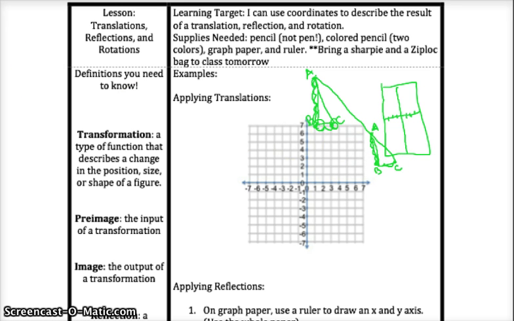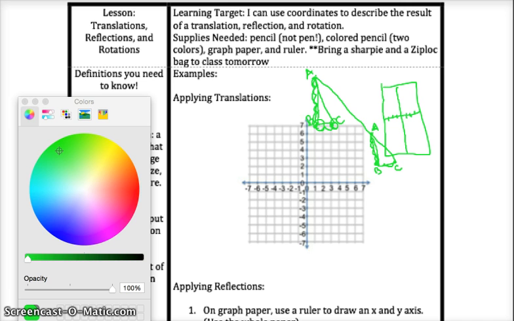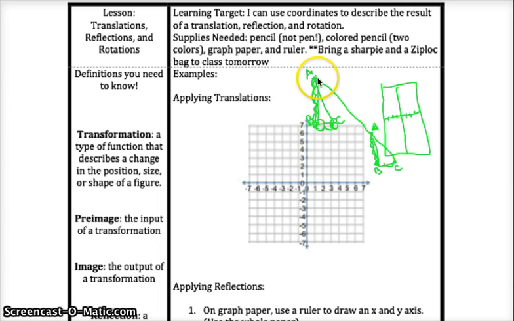Now, in this diagram, if you have a different colored pencil or highlighter, you can choose that this first triangle, which I'm going to do in this blue color, is your pre-image. The pre-image is the input of the transformation. In other words, it's the original.